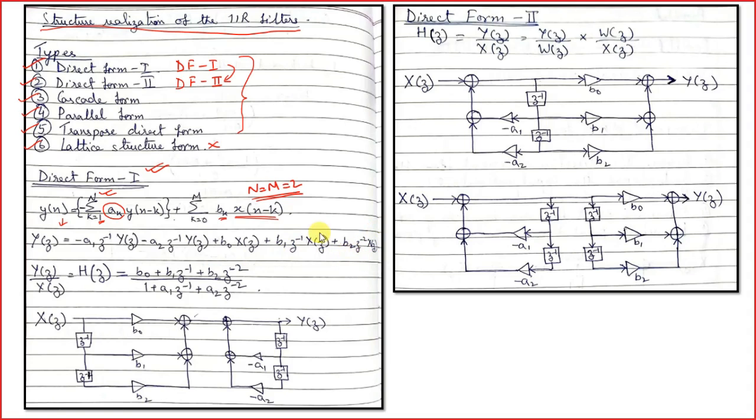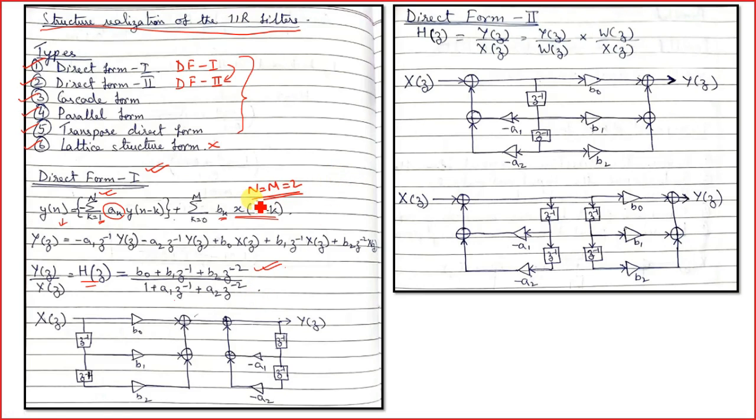Okay. Now after rearranging over here, we get Y(z) by X(z), which is equal to H(z), this equation: b0 plus b1 z inverse plus b2 z to the power minus 2 divided by 1 plus a1 z inverse plus a2 z to the power minus 2.